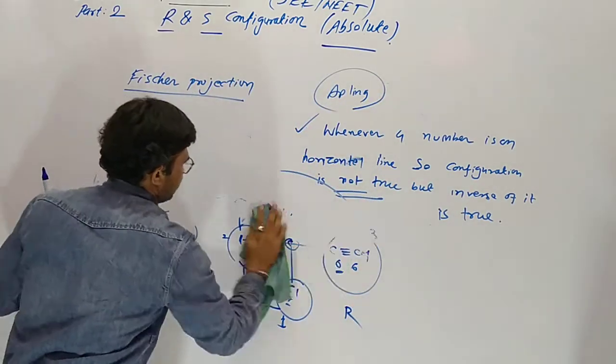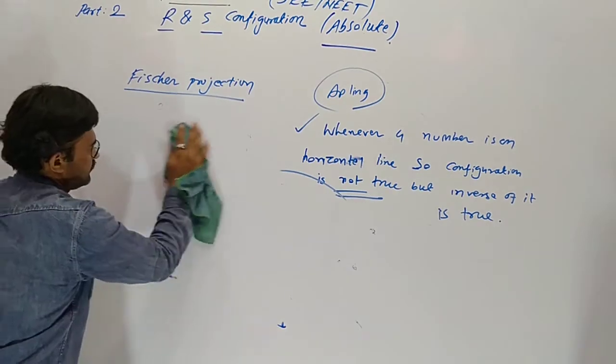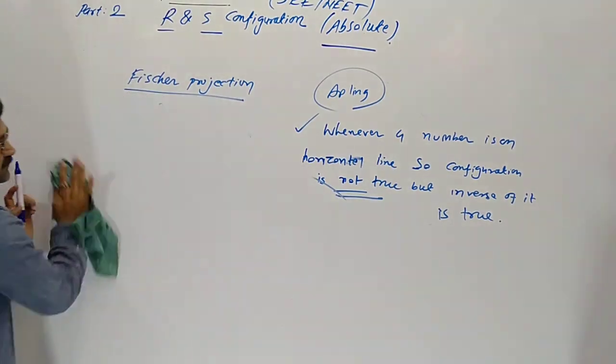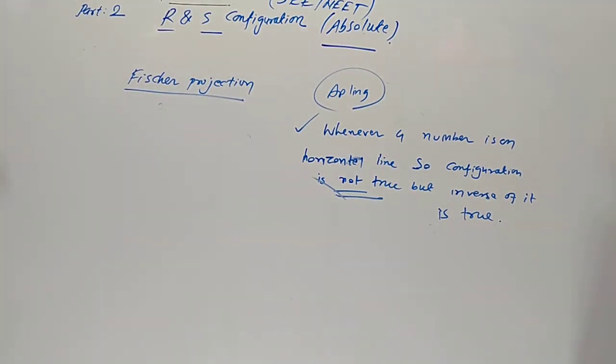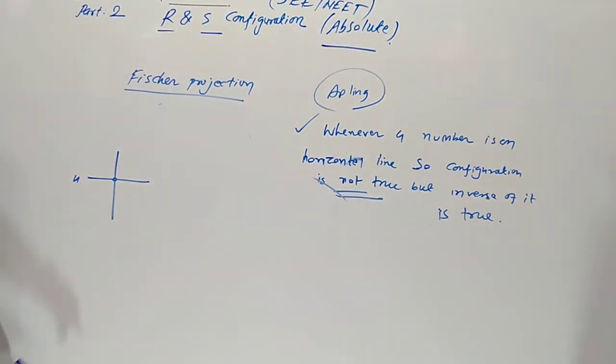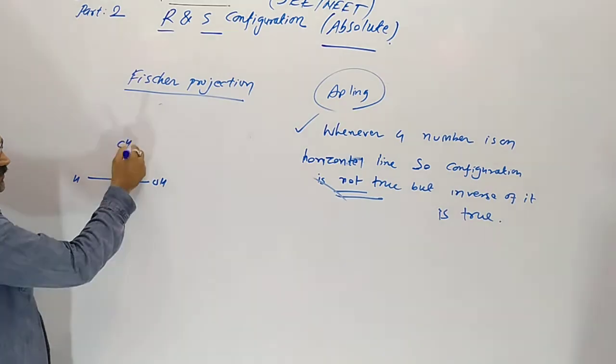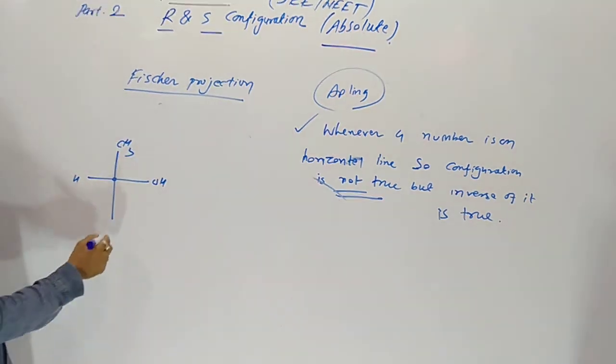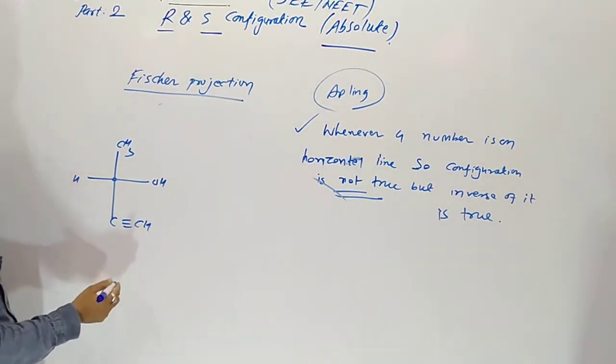I am giving you an example. H. This is a chiral carbon, everybody knows now. OH, CH3 and C triple bond CH.